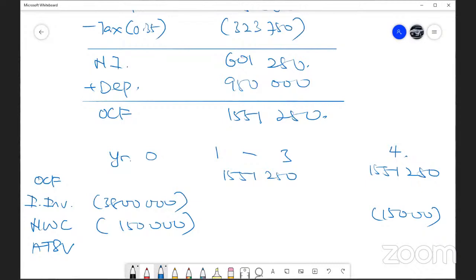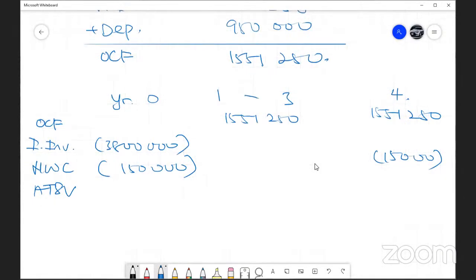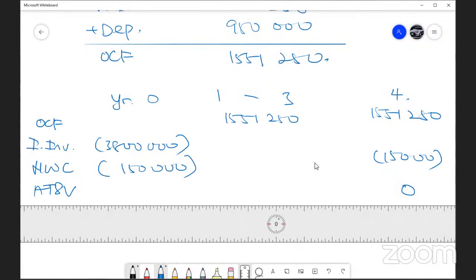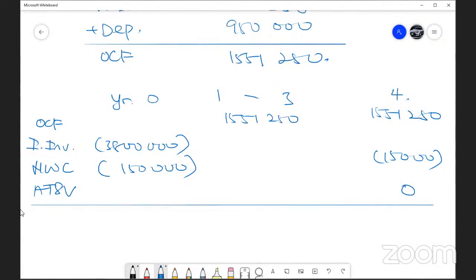So what's the after tax salvage value? Any salvage value or not? Oh, no after tax salvage value. Don't have, so no after tax salvage value means zero. Then you already got your incremental cash flow.